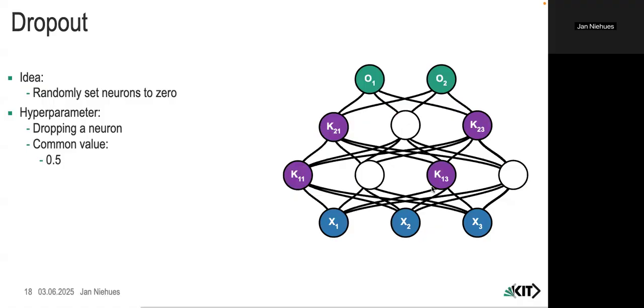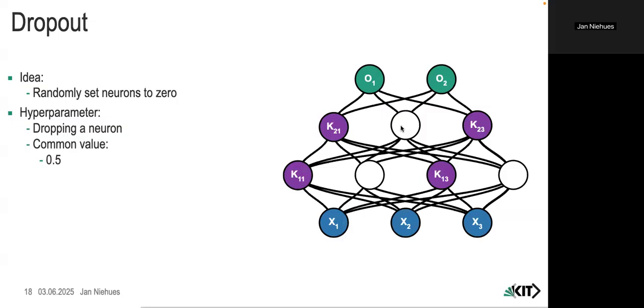If you now look, for example, at K21, it no longer has input from 1,1, 1,2, 1,3, and 1,4, but only from 2 neurons. So it has to get this information from these two. And the same thing here. This one only gets input from these two and not from that. Or the output only gets input from here and here, but not from this one.